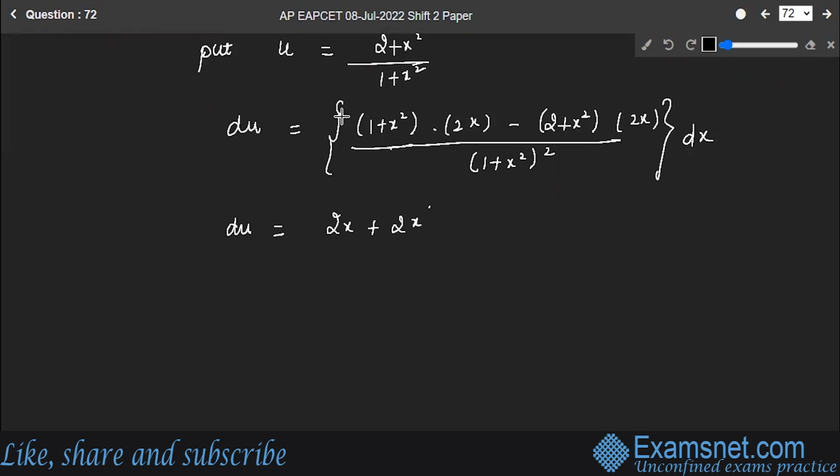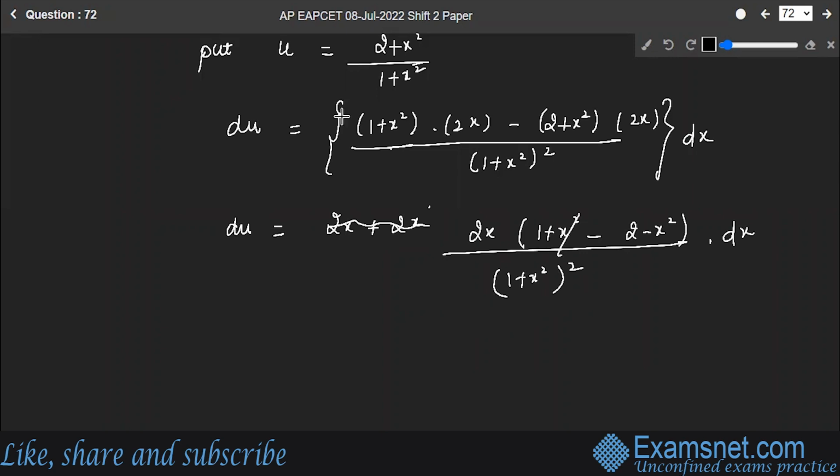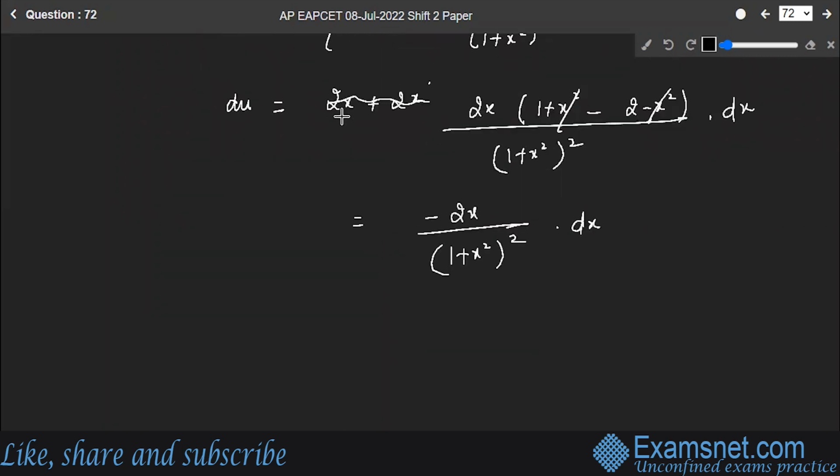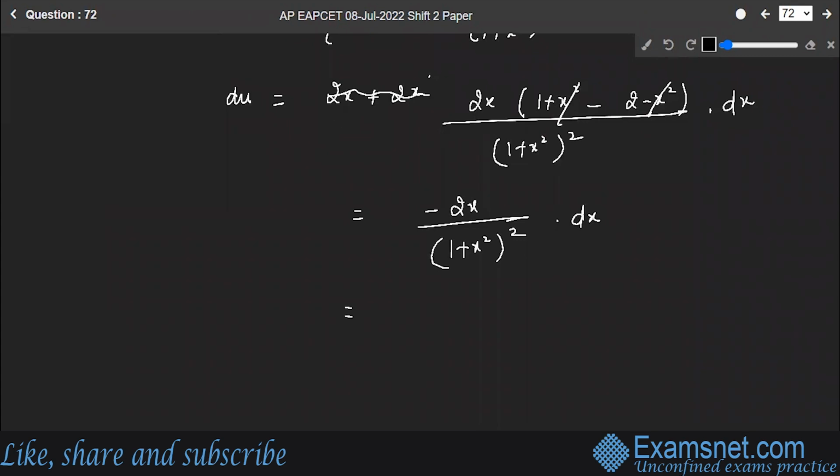I'll take 2x common from here, I'll not open this way: 2x times 1 plus x square minus 2 minus x square upon 1 plus x square dx. So these two will cancel and I will have 1 minus 2 gives you minus 1. So minus 2x upon 1 plus x square dx. Correct? So x dx upon 1 plus x square is equal to minus du upon 2.